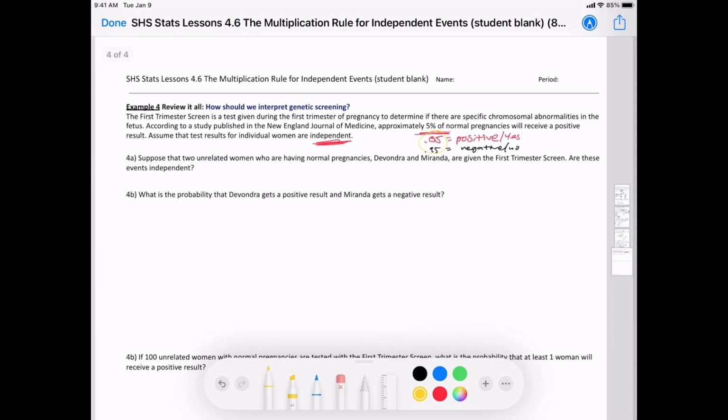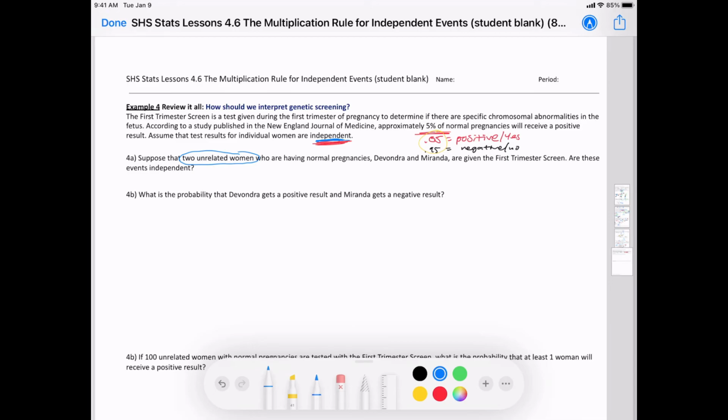Okay, suppose that two unrelated women who are having normal pregnancies. Okay, this is basically just telling you they're already independent. Devondra and Miranda are given the first trimester screen. Are these events independent? Does Miranda's pregnancy affect Devondra's?